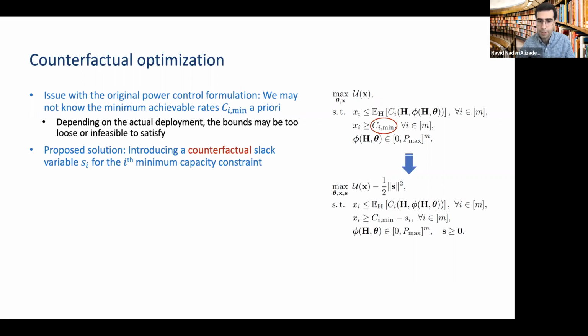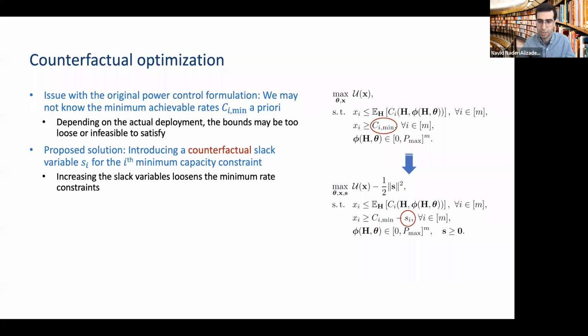So the solution we propose is introducing these factors s_i, which we call a counterfactual slack variable for each of the capacity constraints. Here s_i is a positive variable, by the way. It means that if we increase s_i, then the minimum capacity constraint for the i-th user gets more relaxed, right?